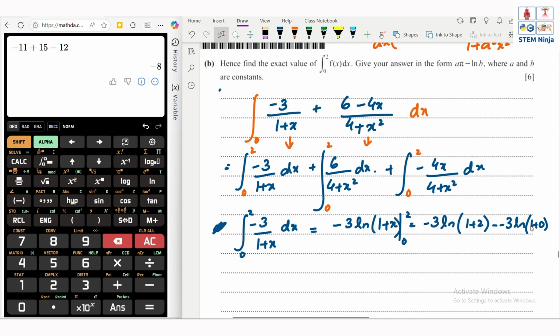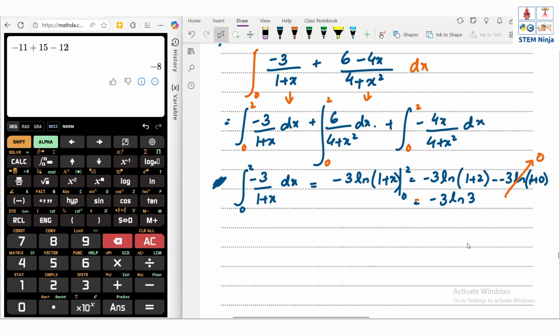So ln 1 is just 0. This second term goes to 0. We are left with minus 3 ln 3.